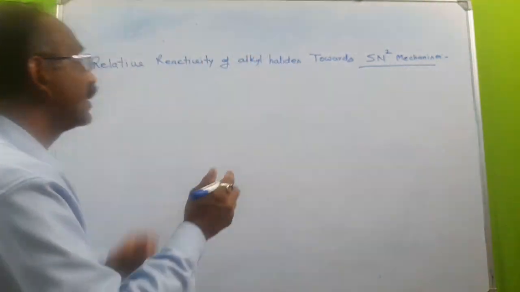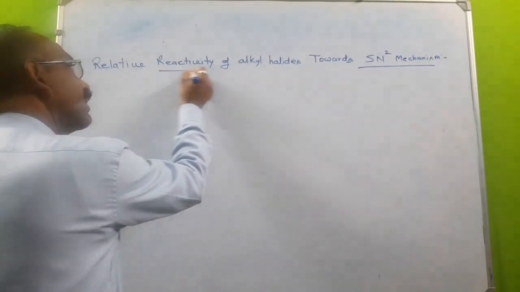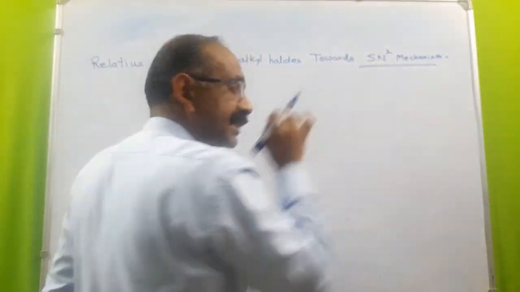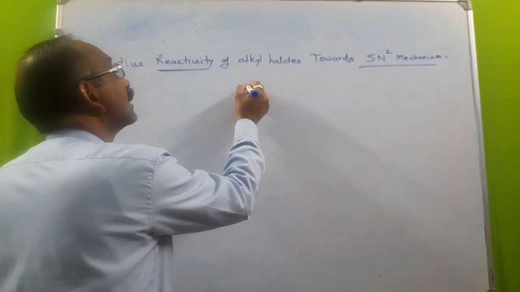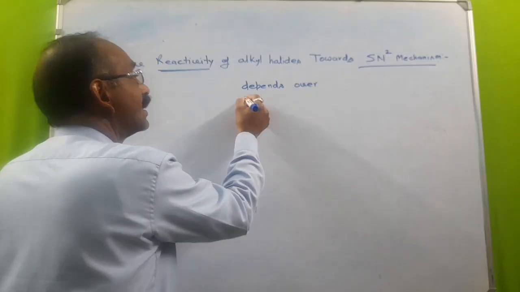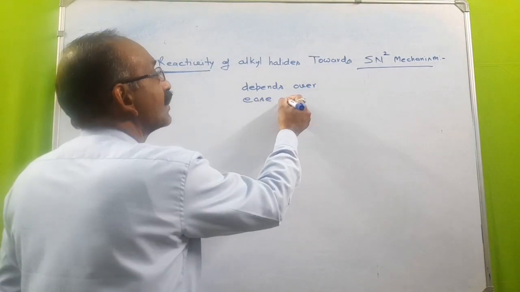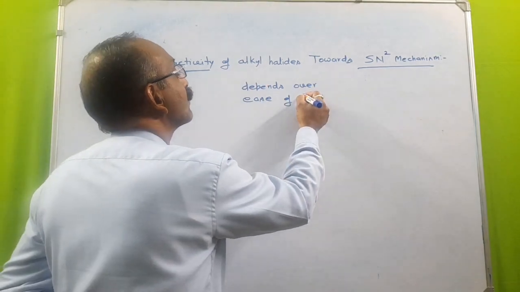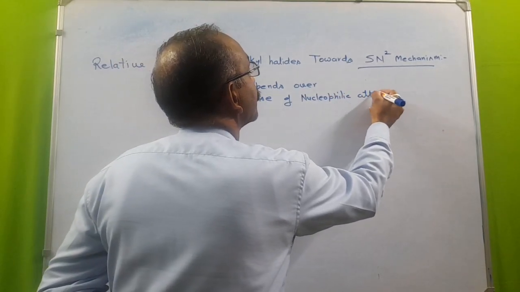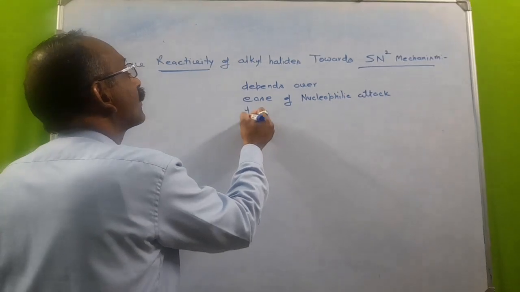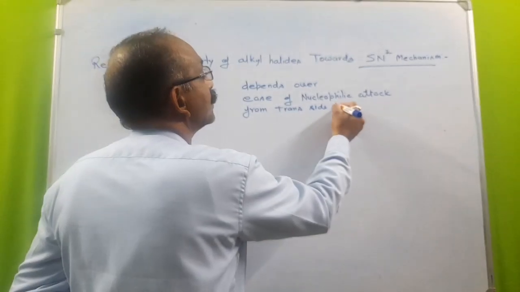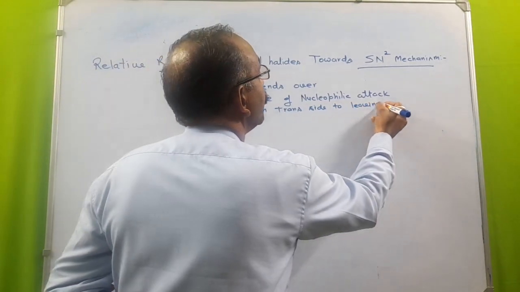So, therefore, here the reactivity of alkyl halide towards SN2 mechanism depends over the ease of nucleophilic attack from trans side to leaving group.